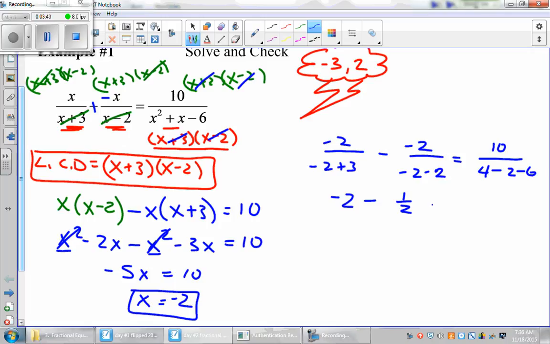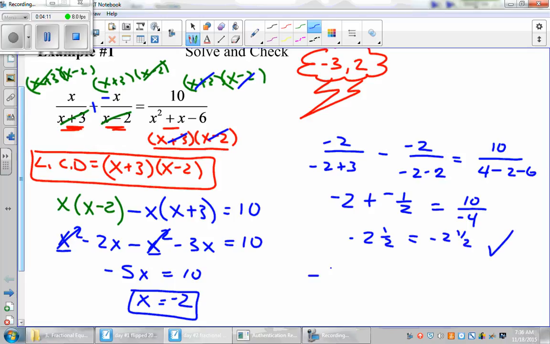This is going to get us 10 over, what is that? It's negative 8 plus 4, so negative 4. Now we just clean it up, so we get negative 2.5, and 10/4 is the same thing.